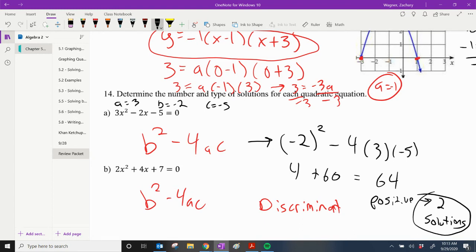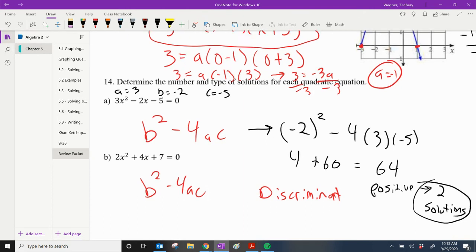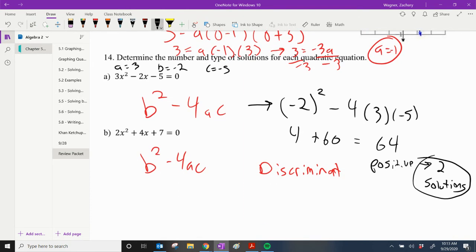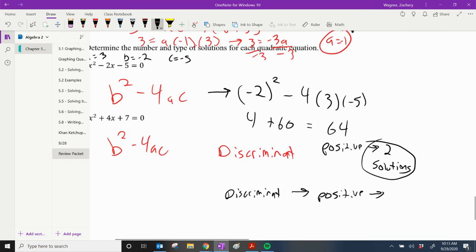Right? If you're square rooting a positive number, you will have two real solutions. If this number was negative, you would have two imaginary solutions, or no real solutions, if you will. That's why they do it with the discriminant. When it's positive, any number, 5, 120, 64 like we just did, you have two real solutions.